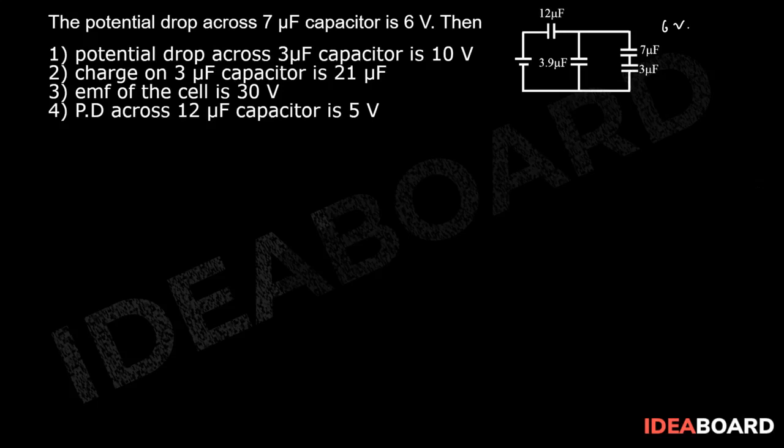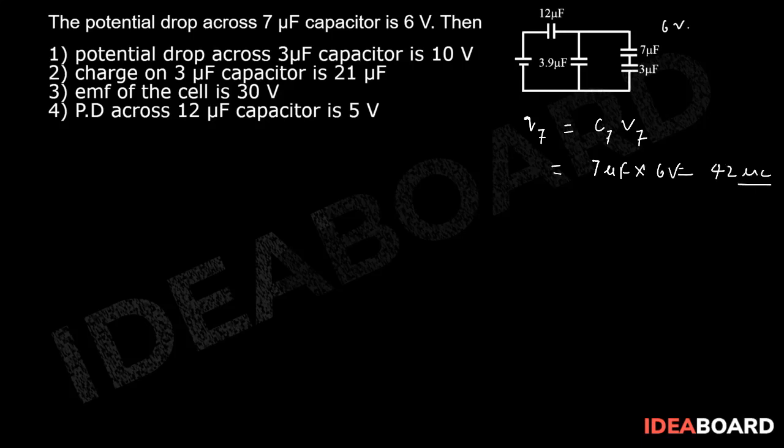That means the charge Q7, representing the charge on the 7 microfarad capacitor, will be C7 into V7. We know the C7 value is 7 microfarad into V which is 6. That means we get the charge value equal to 42 microcoulomb.